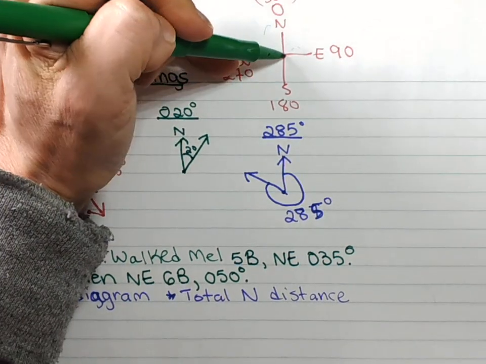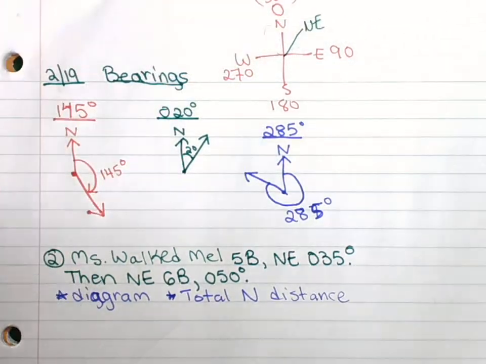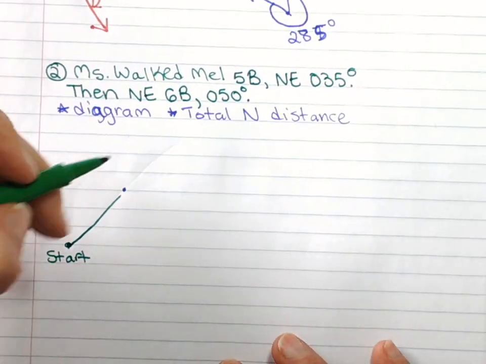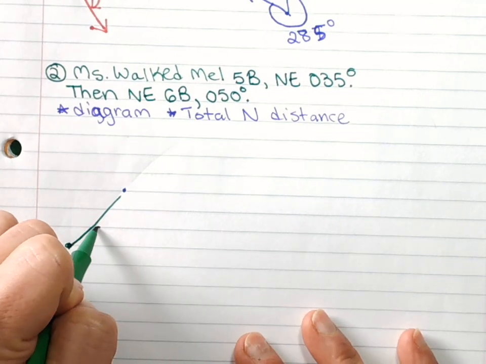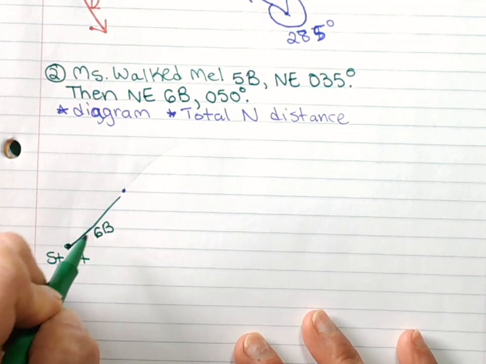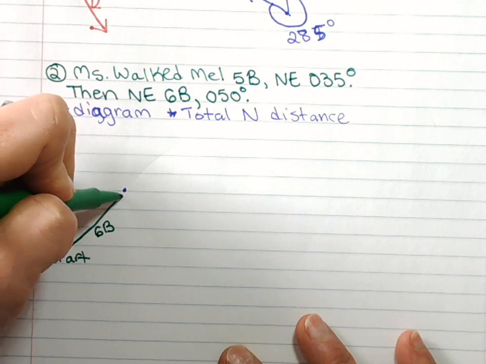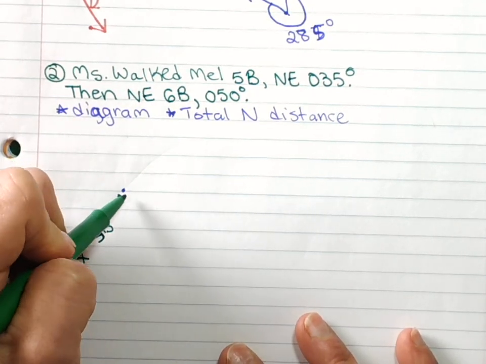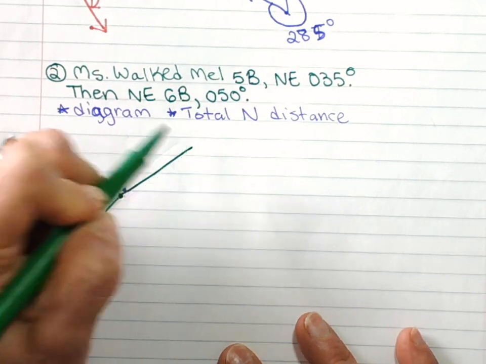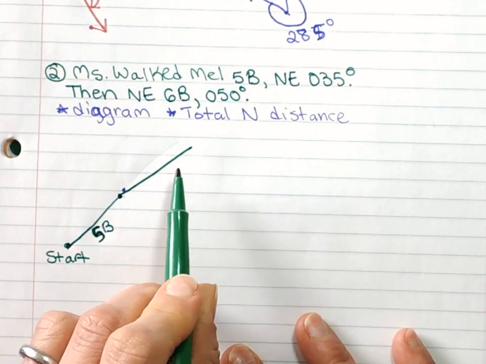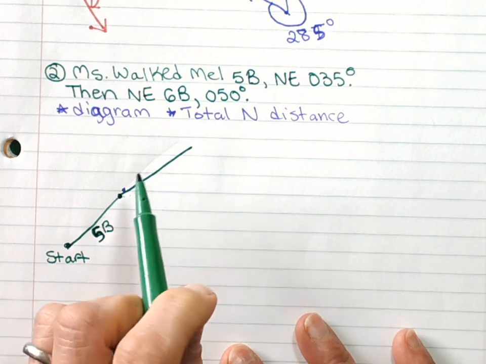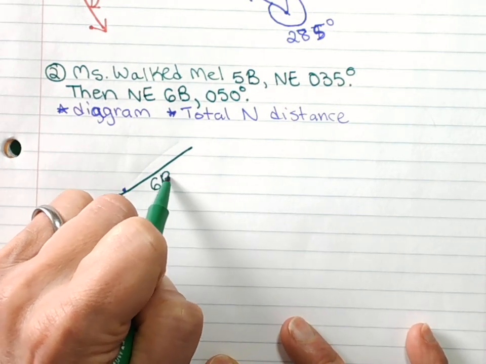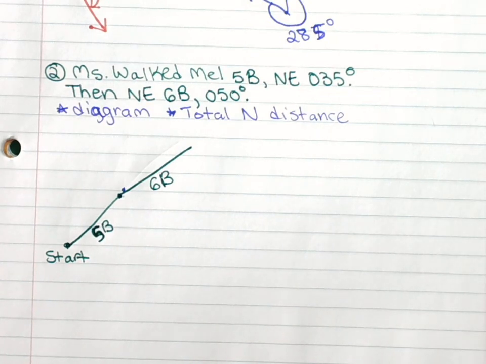So this is our northeast direction. And I'm sorry, this was 5 blocks. 5 blocks first, and then a slightly different direction. Notice how the lines changed in their angle. Their slope is slightly different. But the second one is 6 blocks.